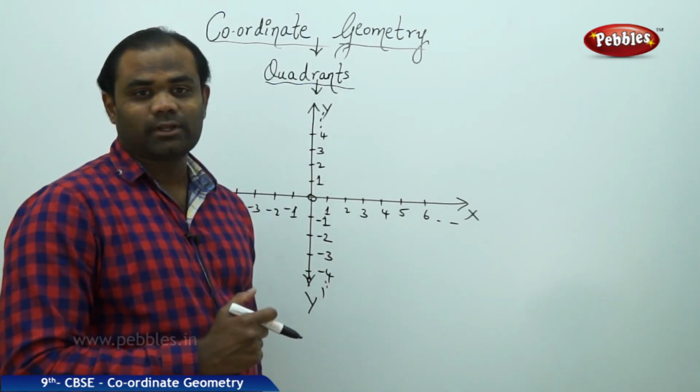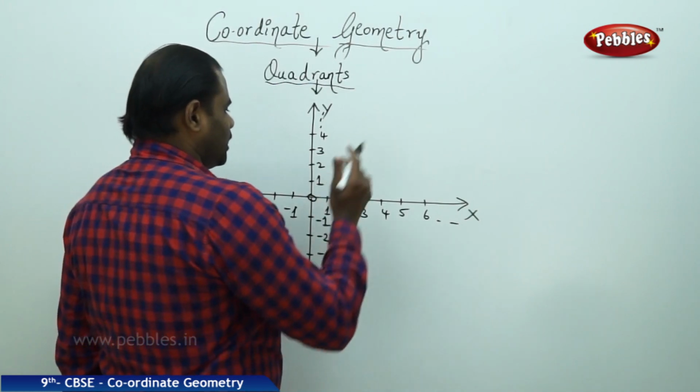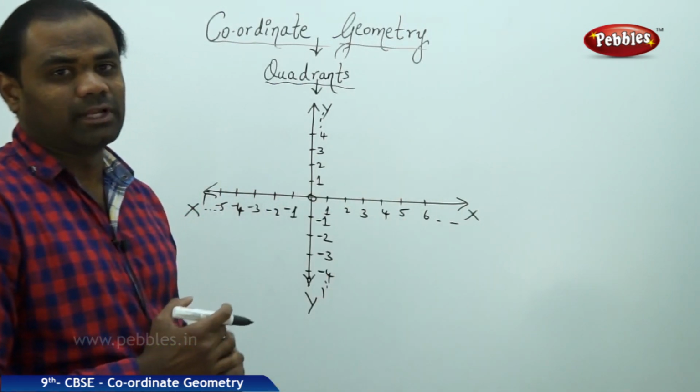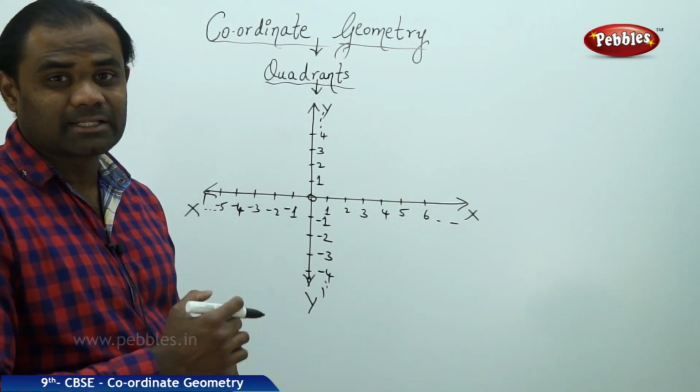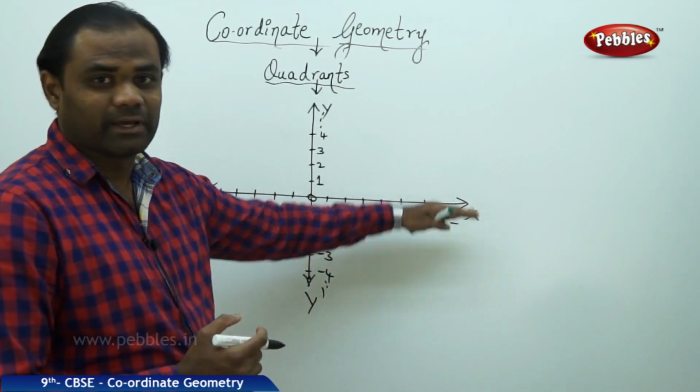Now let's see what each of the rules says. I always start from right to the left, that is going in the anti-clockwise direction of the positive x-axis.